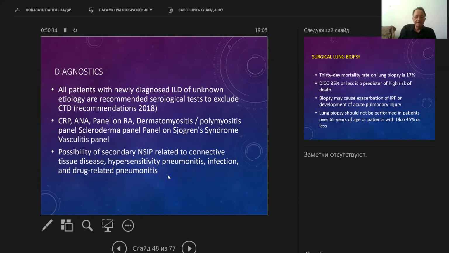All patients with newly diagnosed interstitial lung disease of unknown origin are recommended serological tests to exclude connective tissue disease. These tests include, for example, CRP, C-reactive protein for detection of the level of systemic inflammation, and an anti-nuclear antibody panel for detection of connective tissue disease, rheumatoid arthritis, dermatomyositis, scleroderma, Sjogren syndrome, vasculitis panels.